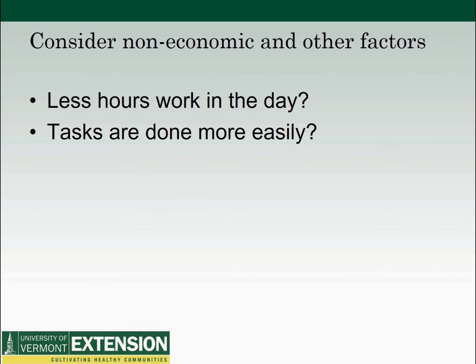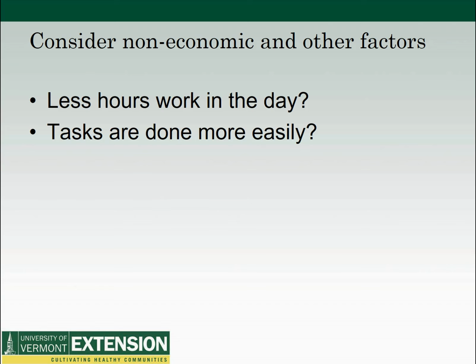Are the tasks done more easily? One would think that trickle irrigation, once it's in place, is going to be a little bit easier to manage and use than it is to have to use a tractor to move a reel hose system around from field to field, setting up, taking it down, and so on.